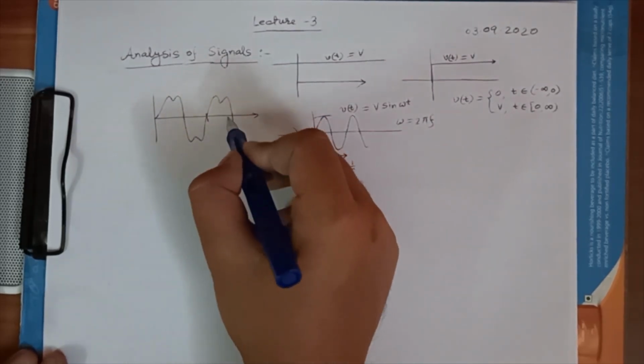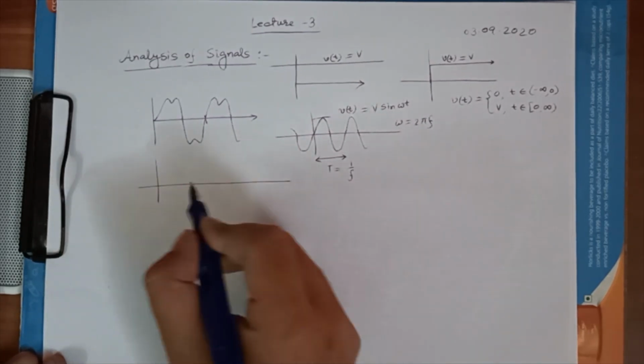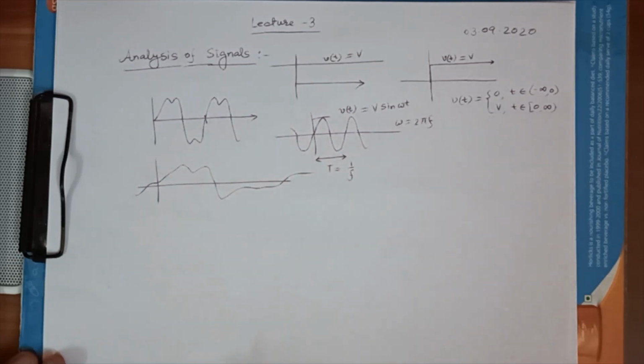So this profile can repeat again and again infinitely. Or it may not have any repetition, it can be absolutely arbitrary in the entire time frame. So if I ask you how to represent these signals, frankly speaking, from our regular understanding of calculus, we cannot.